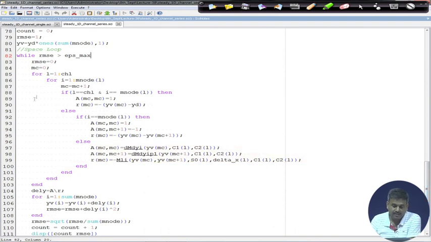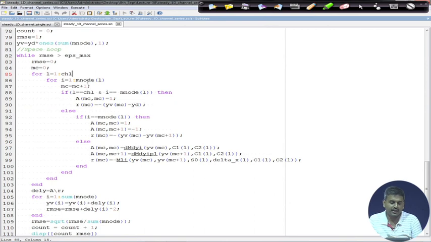In this case, the first thing we will do is MC equals 0, this is one counter here, and with this counter we will create or add the values here. MC, and this is starting for channel L 1 to CHL, I 1 to M node, MC equals MC plus 1.